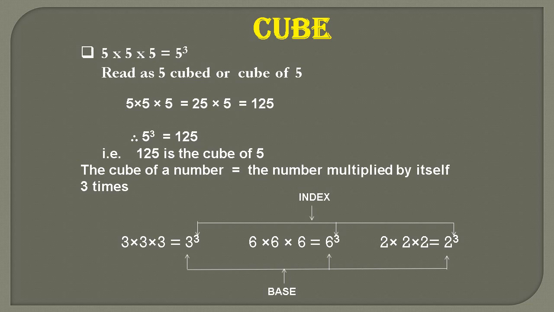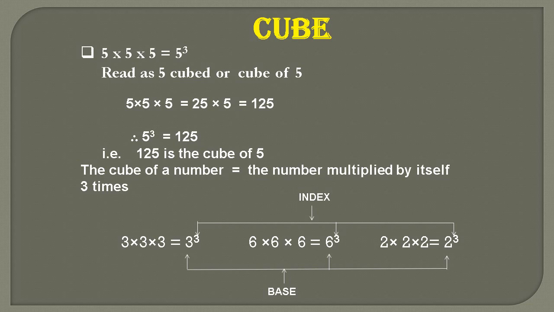We will get 25 multiplied by 5, which is equals to 125. So the result of multiplication of 5 multiplied by 5 multiplied by 5 is 125. Therefore, 5 raised to 3 is equal to 125. That is, 125 is the cube of 5.